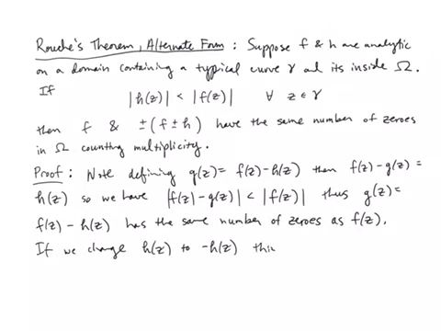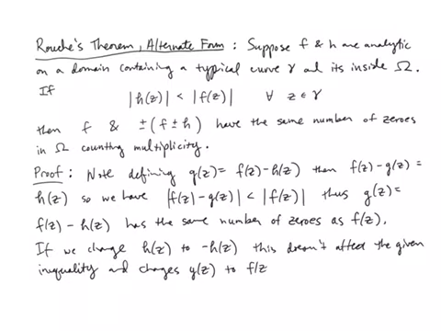This doesn't affect the given inequality, and it changes g of z to f of z plus h of z. So the conclusion holds for f of z plus h of z, and of course g of z has the same number of zeros as negative g of z.